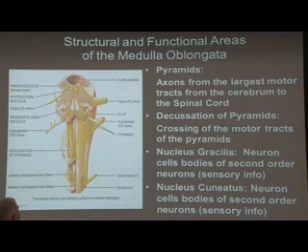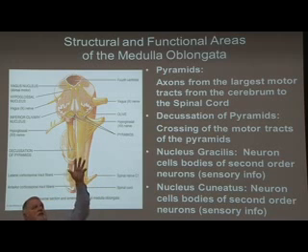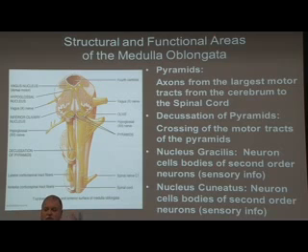What we see on the medulla itself is a kind of cool pattern. It's called a pyramid. The nerve fibers, axons in the pyramid, arise from neurons in the primary motor area of the brain, on our frontal lobe. They pass down through the brain, and in the medulla they cross.